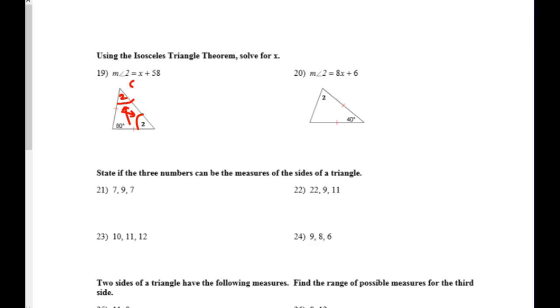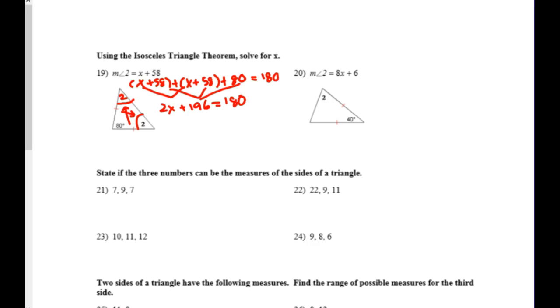So we have x plus 58, we have x plus 58, and we have 80. So we know the triangle sum theorem. If we add those up, they're going to equal 180. So x plus 58 plus x plus 58 plus 80 equals 180. And then from there, we're going to combine like terms and solve for x again. X plus x is 2x. 58 plus 58 plus 80 gives us 196.